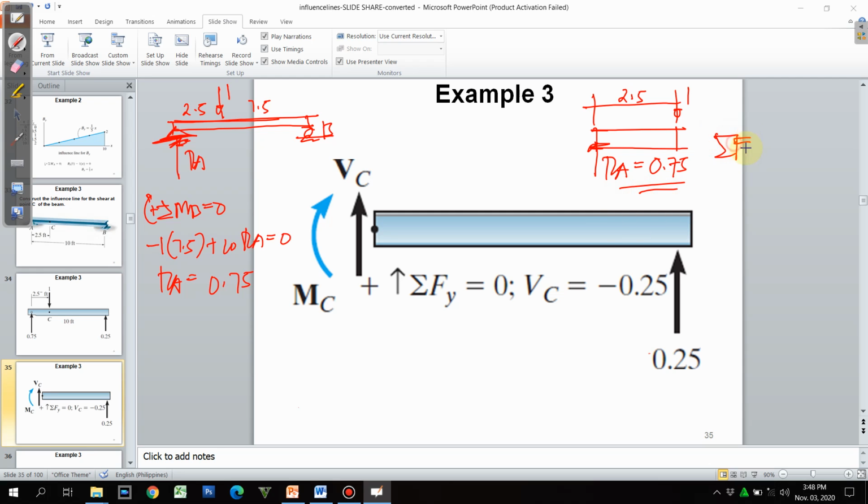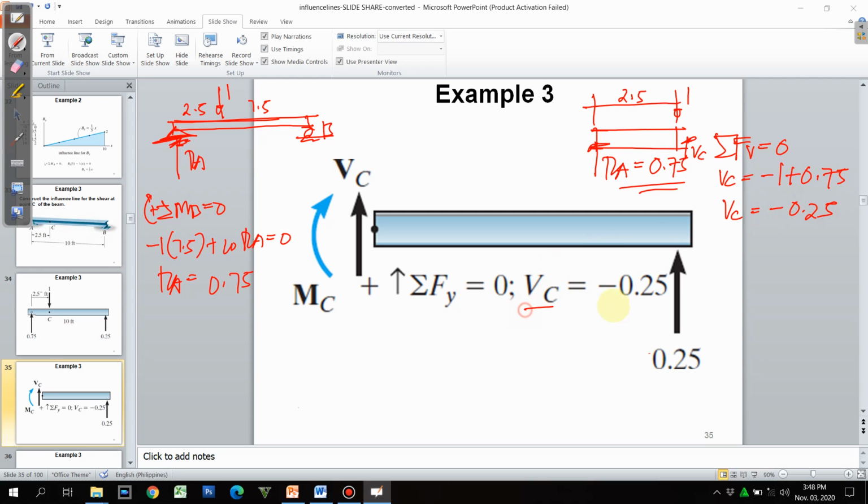So when we have this one, circle the shear at C. VC is equal to downwards negative 1 plus upwards 0.75. So therefore VC is negative 0.25.